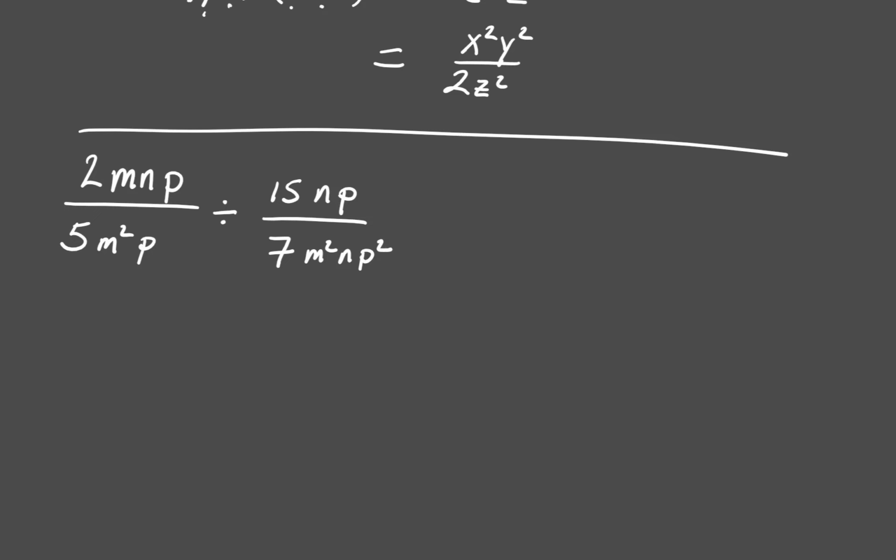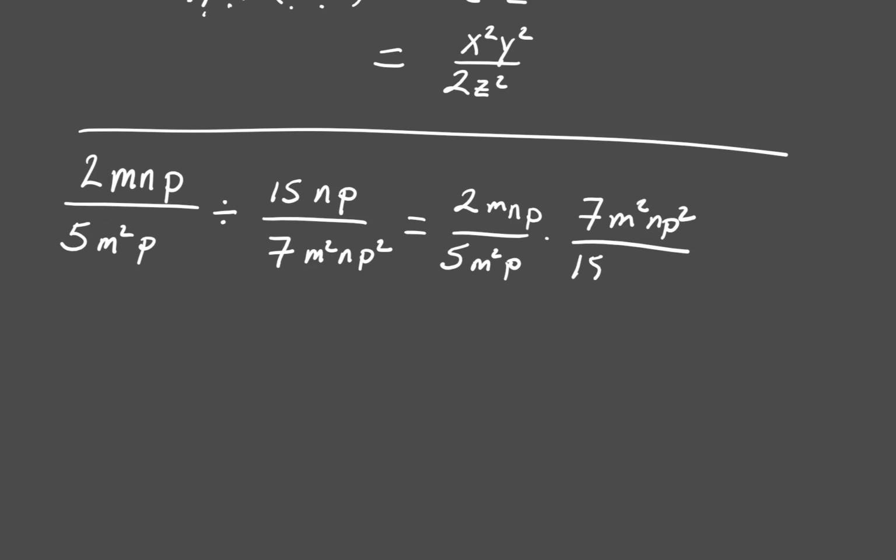Okay, so division, we have to multiply by reciprocals again. So we're going to flip and multiply, and I'm going to write everything out after I've flipped and multiplied. So 2mnp, 5m squared p, times 7m squared n p squared, and I've got 15np.